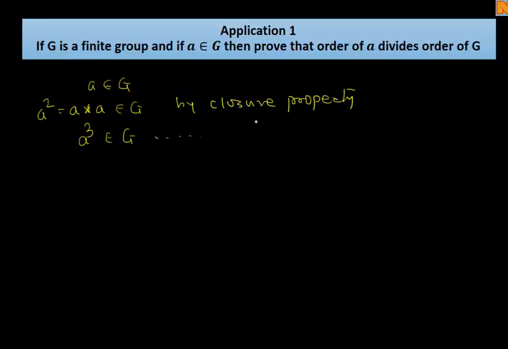Then after some time, I may get A to the power some number, suppose M, and it is equal to E. So from the first time I started multiplying A with itself, I multiplied A star A, M times, and I got E, that is the identity.